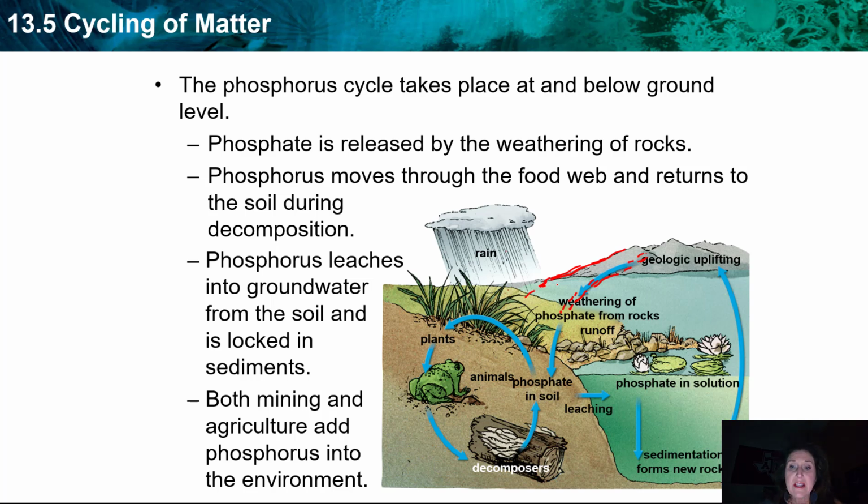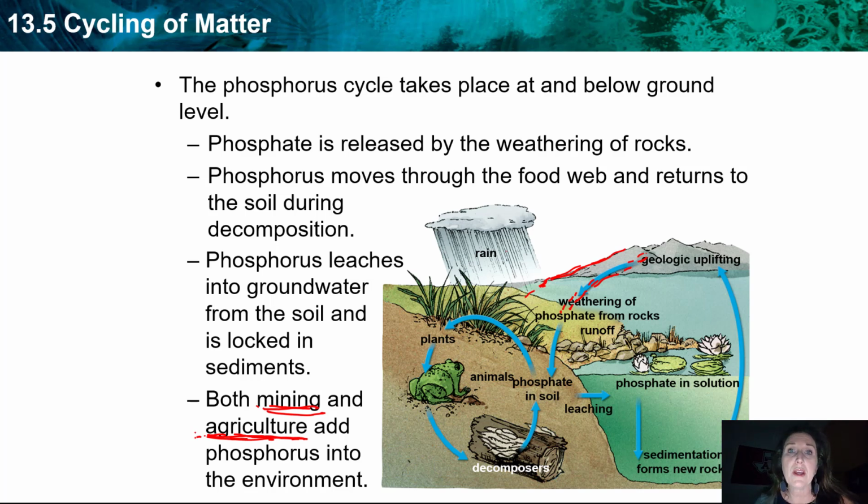Now, here's the thing. The important thing about the phosphorus cycle is, number one, it starts with releasing the phosphate from the rocks and the sediments in the ground soil, okay? We, as human beings, we make this worse because fertilizer has a ton of phosphorus in it.